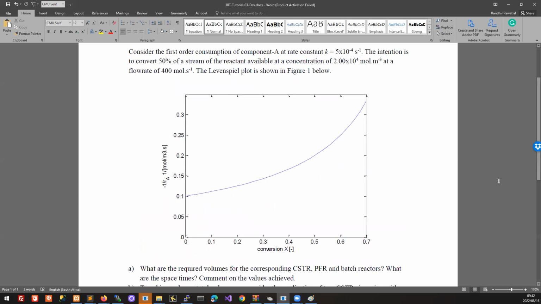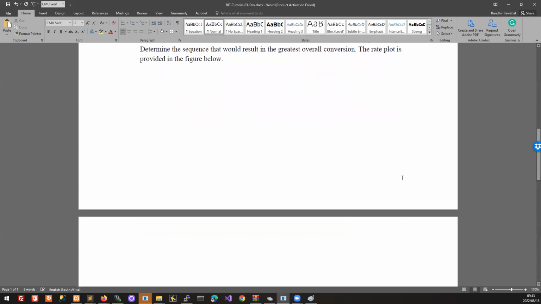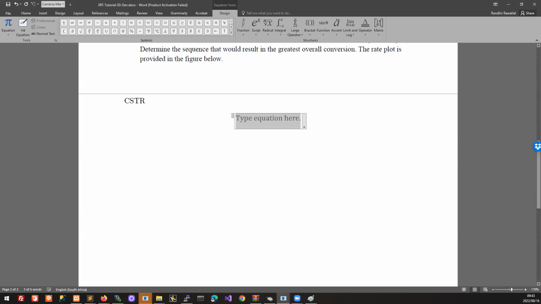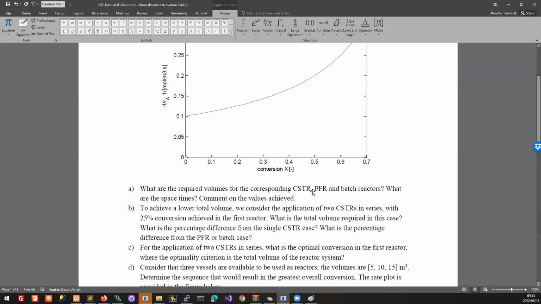So let's quickly look at those. In terms of the CSTR, if you follow the derivations we've done before, the volume is given by minus FA naught X equals RA V. Let's see if we can answer what's the volume for the CSTR.